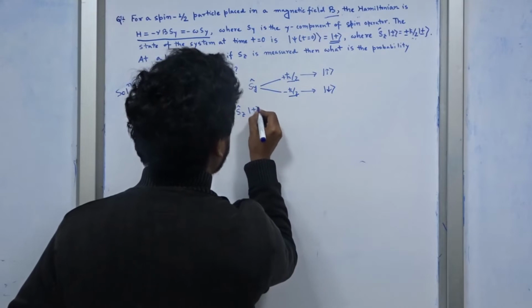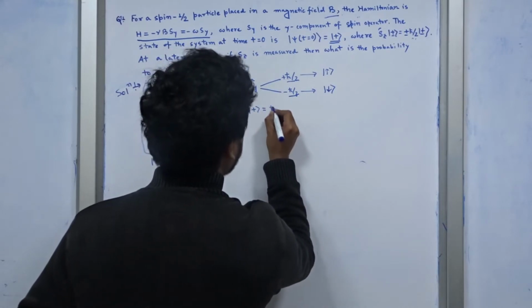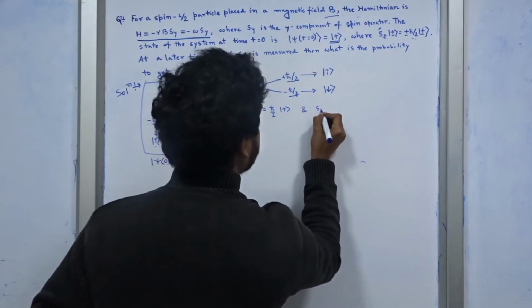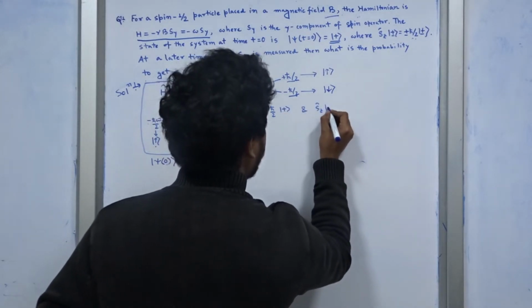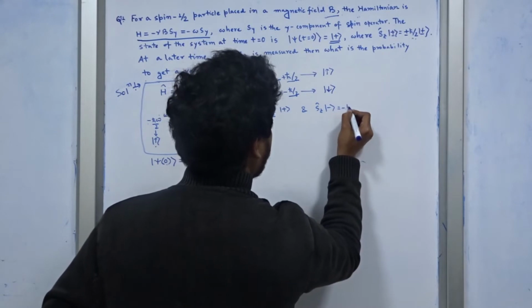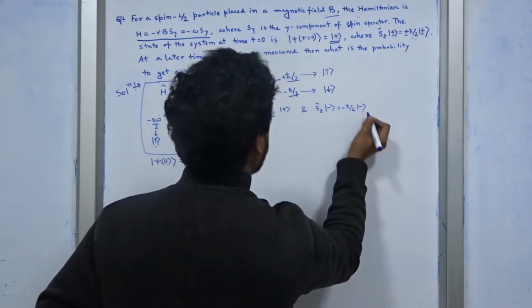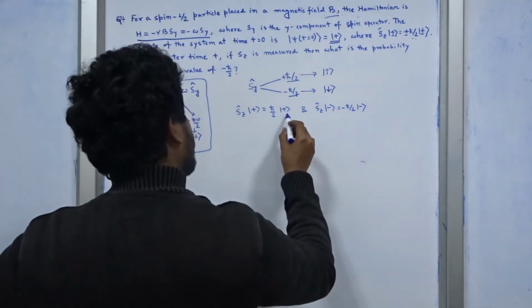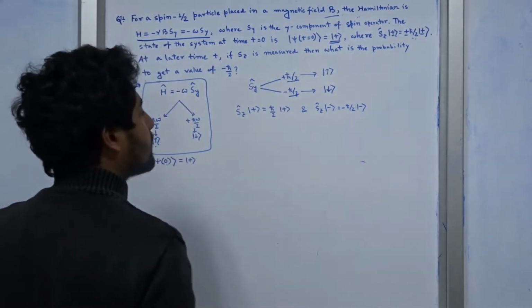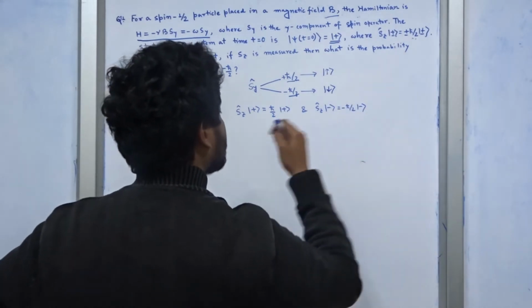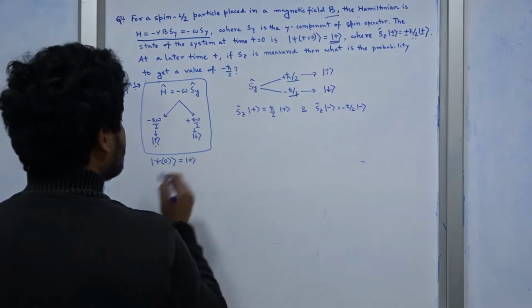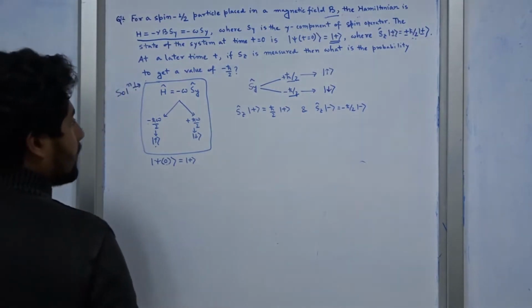If Sz acts on this, it gives you this, and similarly for the other. So these are nothing but the eigenstates of Sz, which means the spin is pointing along positive z and this is negative z, and these are the corresponding eigenvalues, and the initial state is at the positive Sz.